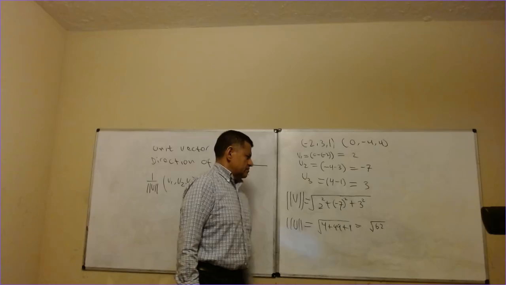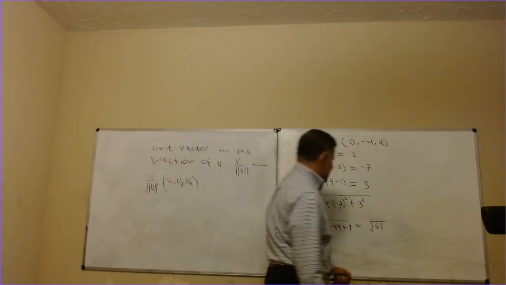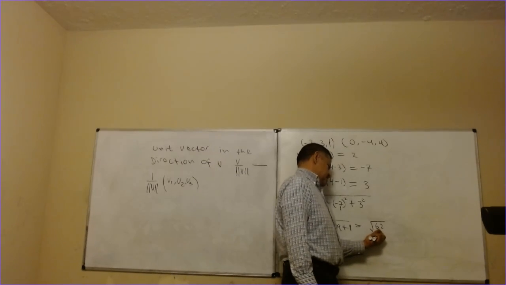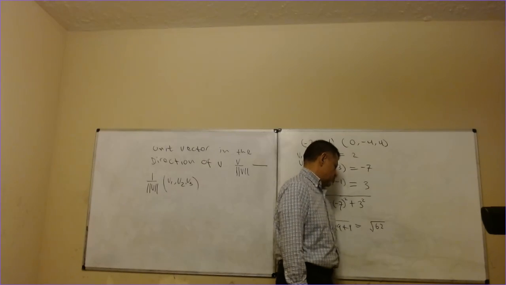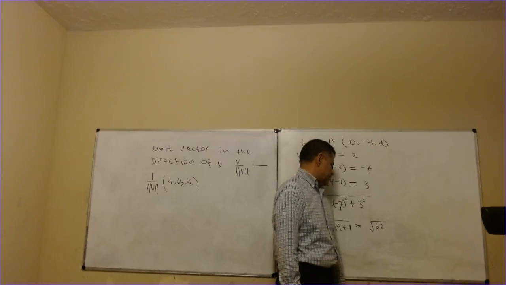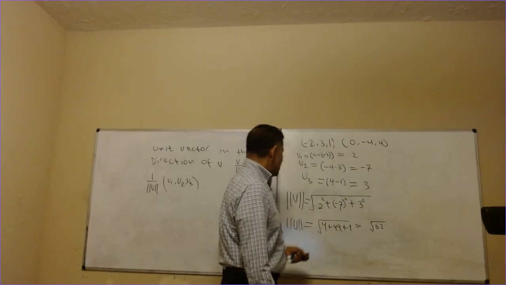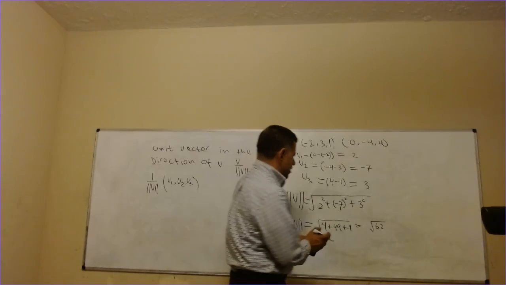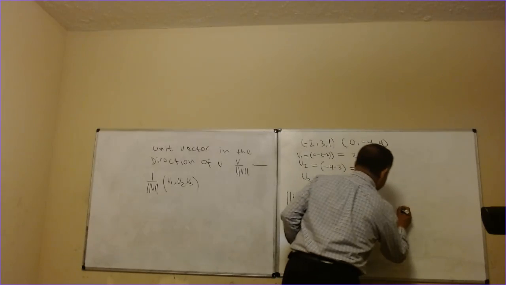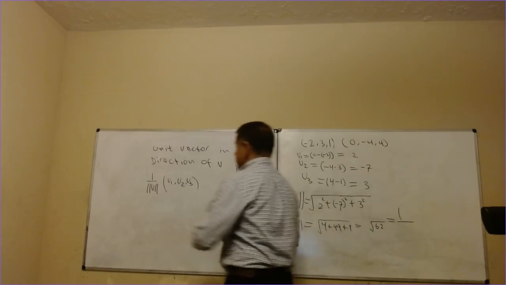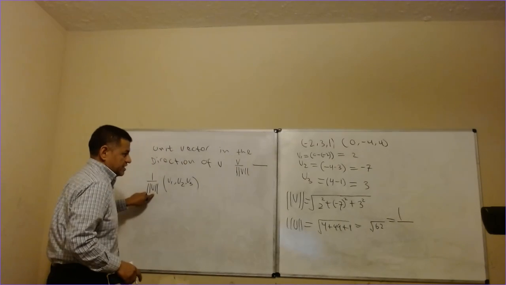It doesn't have any perfect square factor that can help to break it down and reduce it. But all I can do right now is the following: put that over 1, because that's the magnitude that I found.